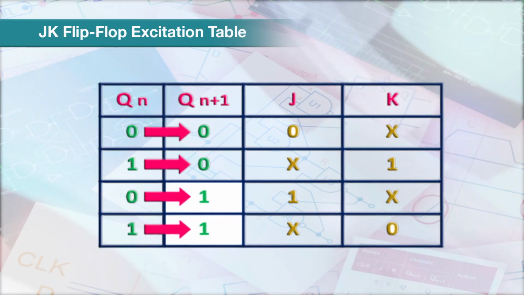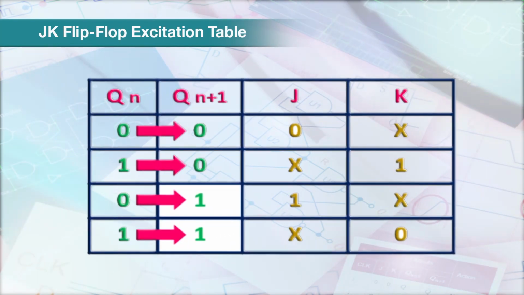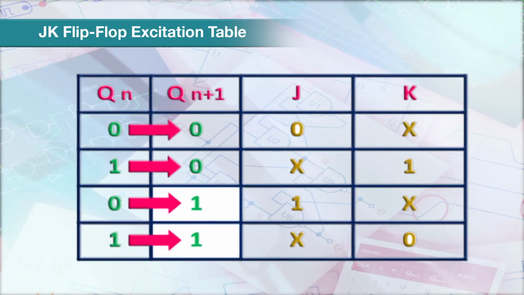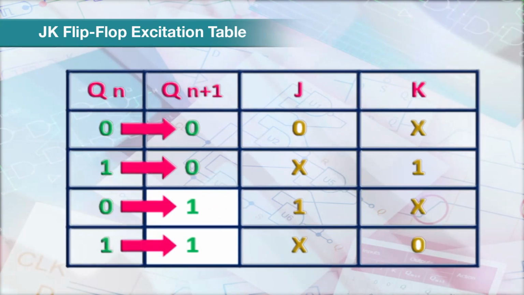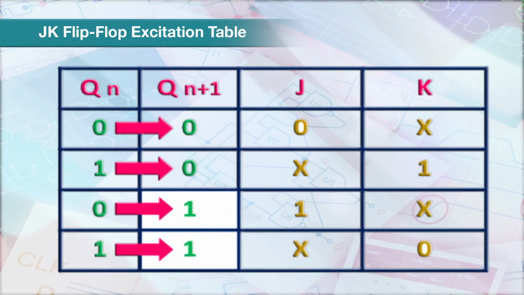JK flip flop excitation table. We are going to talk about the JK flip flop excitation table. The excitation table is a chart that shows the input pulse that must be given to a flip flop to achieve the desired output. This chart is used to simplify the construction and design of flip flops.